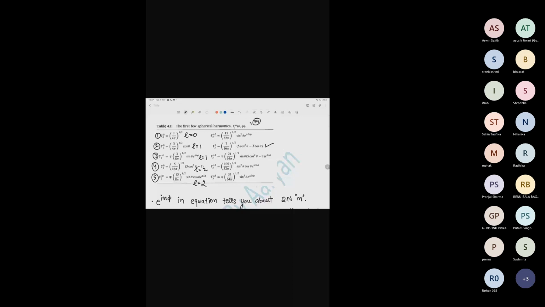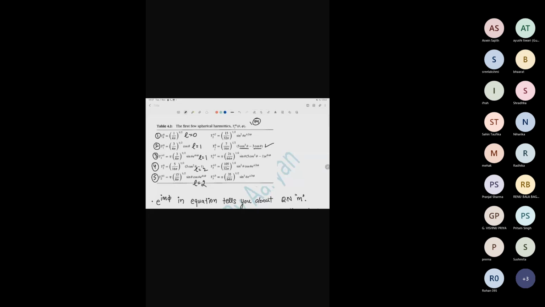So this term you are asking about, this one. You are saying that 3 is written, but actually 3 plus 1, 4 terms should be there.